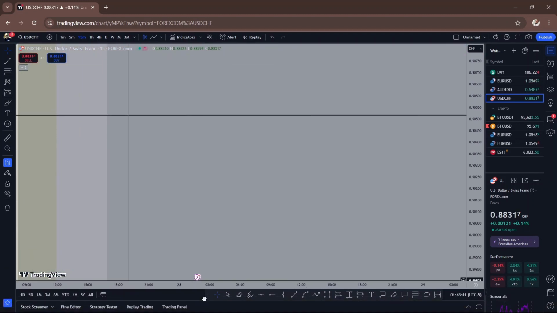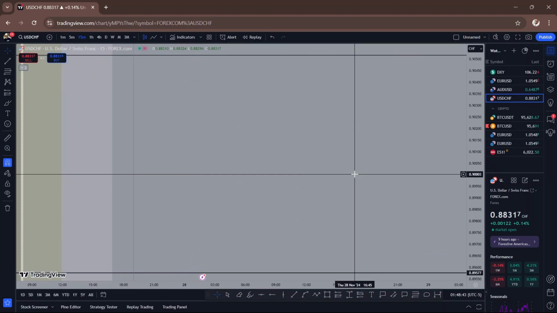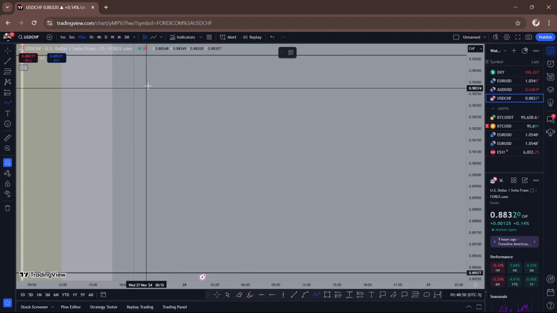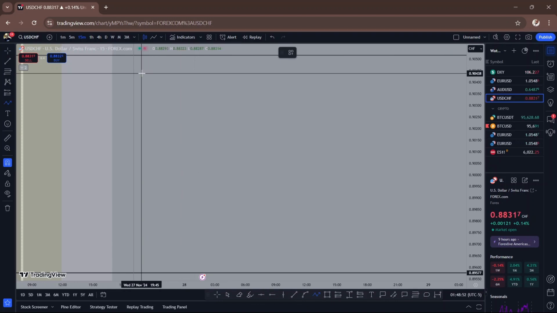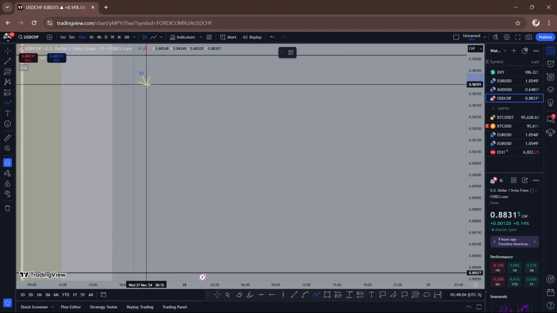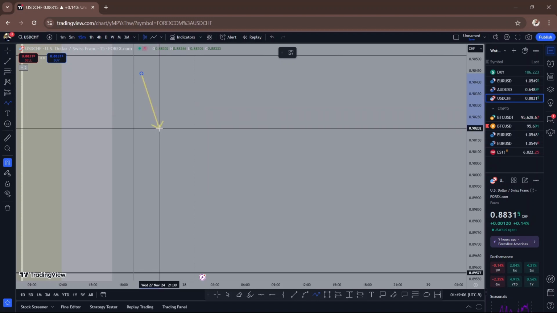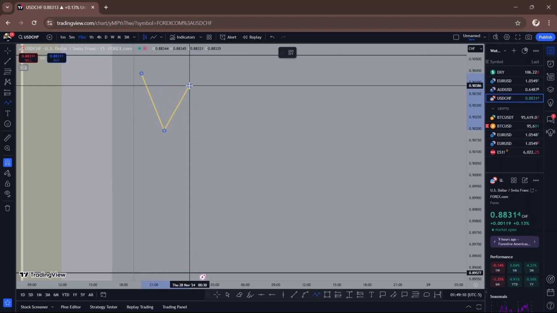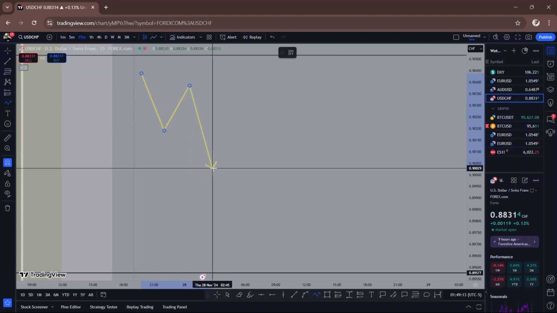That means Monday, Tuesday, Wednesday, based on ICT concepts. Now I will be using the power of three, the weekly power of three. So if I'm having a bearish week, I want to see Monday, Tuesday, let's say we're having a bearish week and we have a lower high and a lower low.